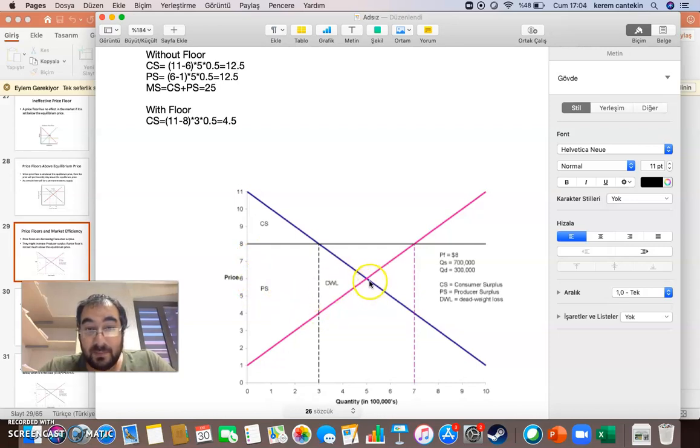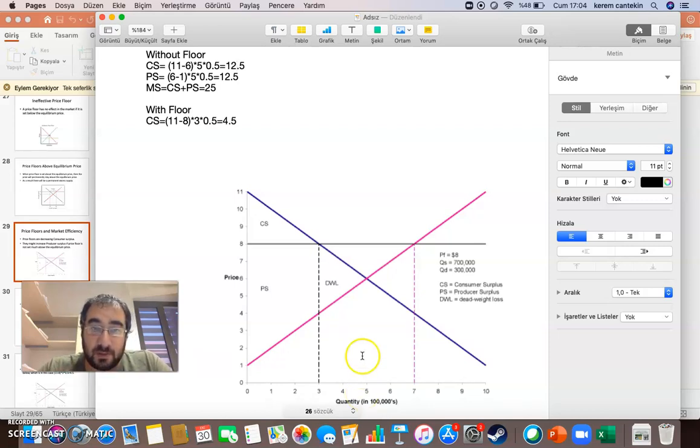But previously, we had the line here at 6. So the producers have lost this triangle. They lost something because the amount they are able to sell has decreased compared with the equilibrium point case.